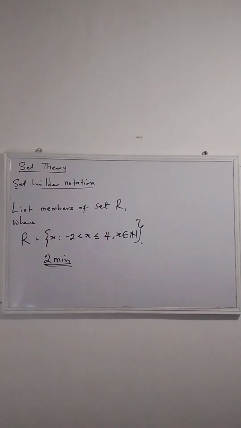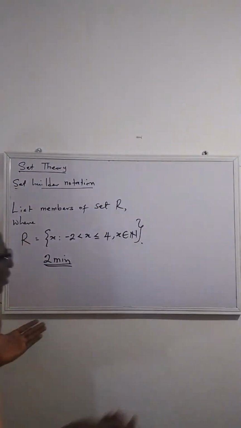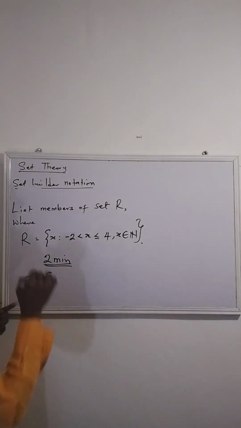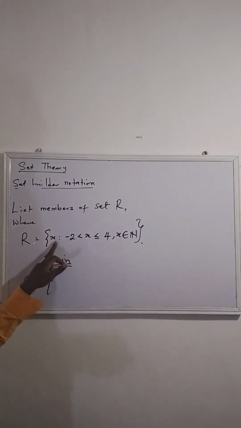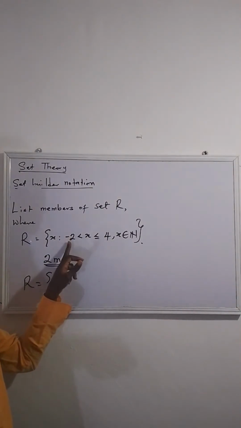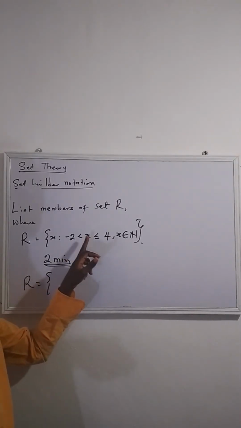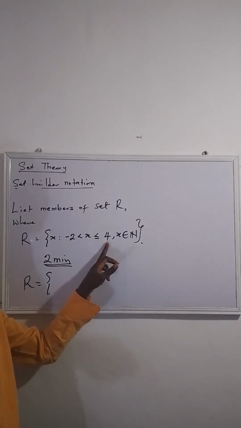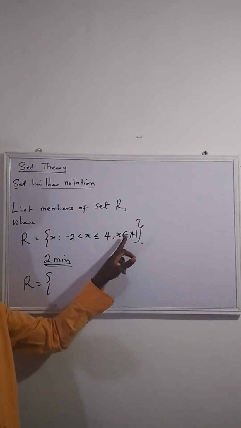Okay, your time is up. So by now you should have finished. Very simple. The set R is the set of x such that -2 is less than x, and x is less than or equal to 4, where x is a natural number.